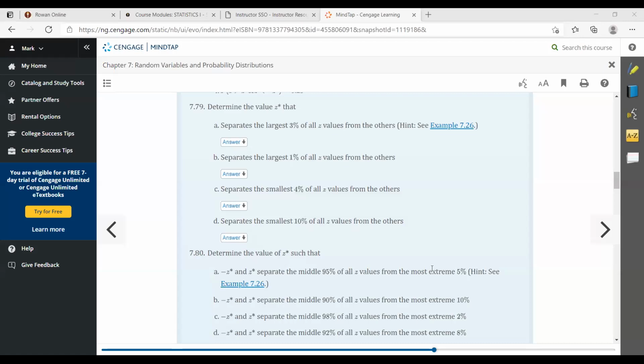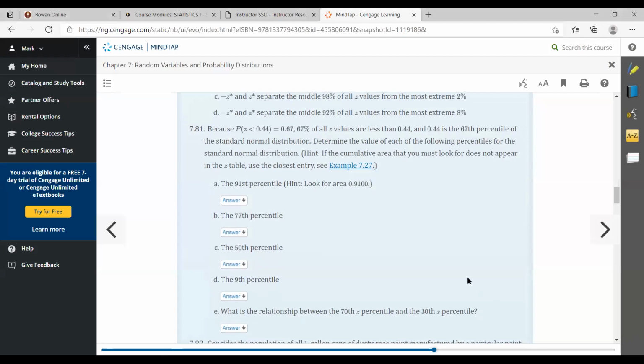All right, let's look at number 81. Now we're going to talk a little bit about percentiles. Remember what a percentile is. A percentile is the percentage of data that's less than or equal to that value, right? Doesn't it make sense that when we talk about area to the left, we're really talking about that value of z being that percentile?